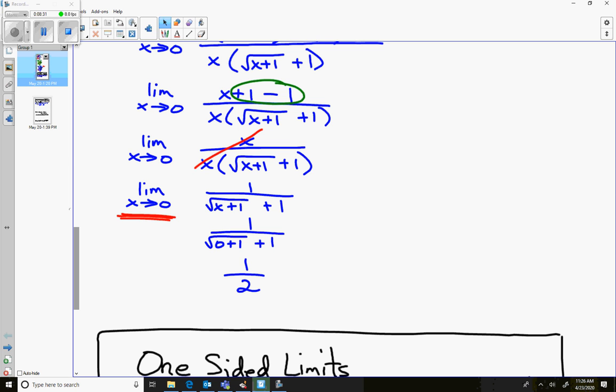Now, at this point, just for argument's sake, let's say, what if I ended up with this as my answer? Then, yes, I need to fix it. Don't leave that as your final answer. Multiply both top and bottom by square root of 2 to fix it. But in this case, we just got an answer of 1/2. We are done.